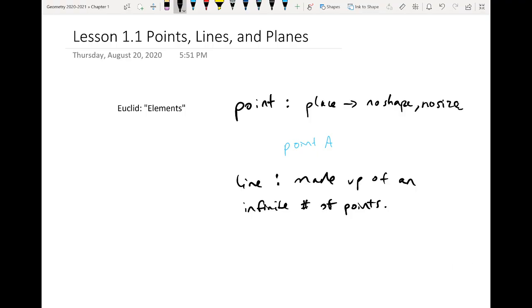And because a line is made up of points, logically speaking, then a line, since a point has no shape or size, then a line being made up of points would have no thickness or width.